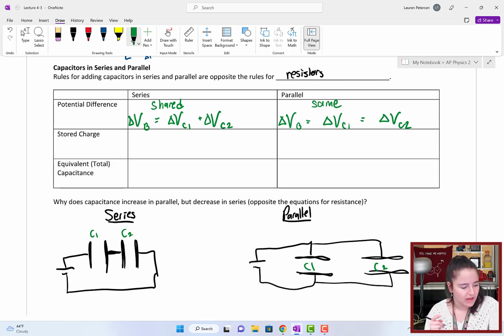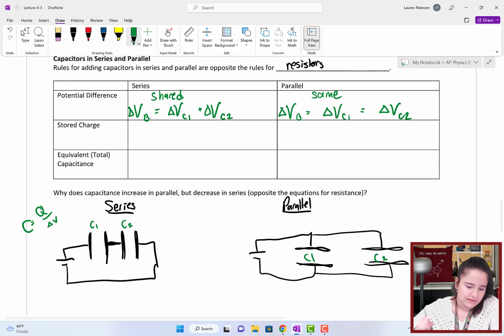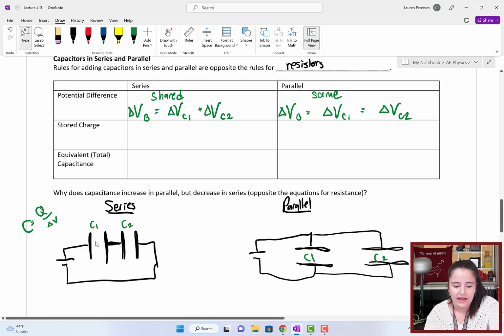We got that. But now let's think about the charge. We have C equals Q over delta V. If these have the same capacitance, but they're each going to have half of that voltage, they're going to have the same charge on them.